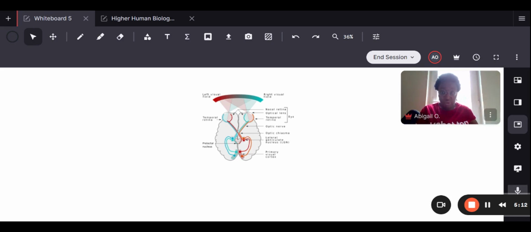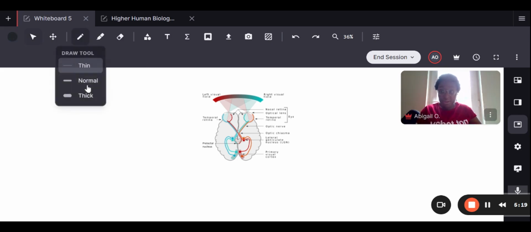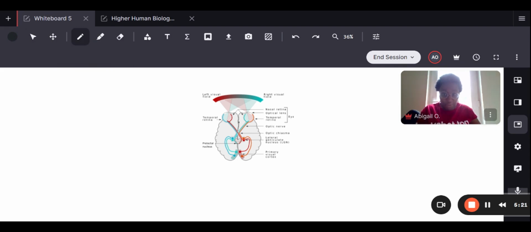The right side of the visual field will be interpreted in the left part of the brain because there's some crossover here. The difference between a normal brain and what happens when you cut this corpus callosum is that you don't get communication between the hemispheres of the brain.